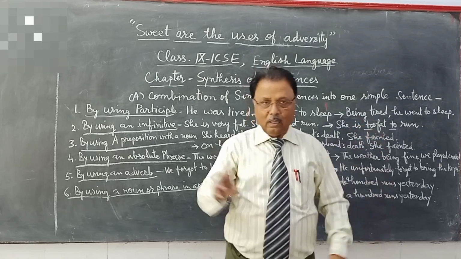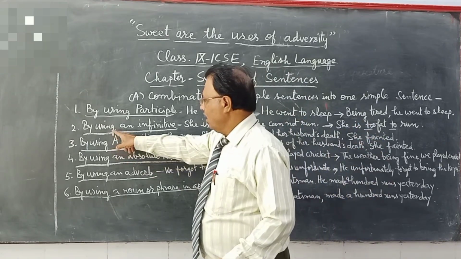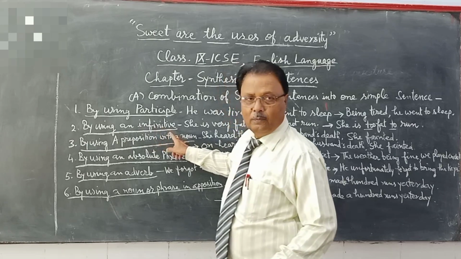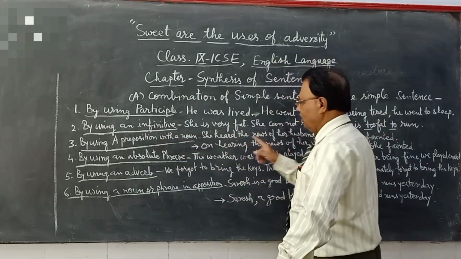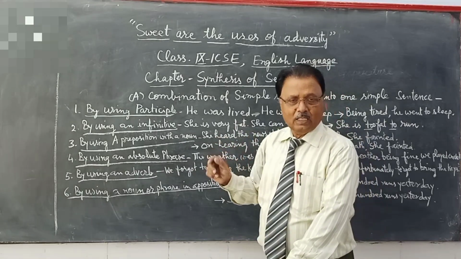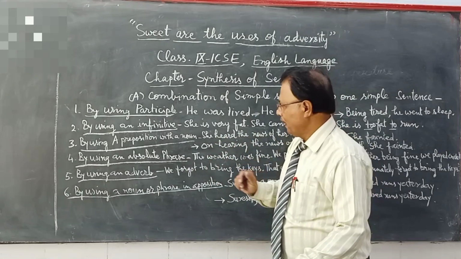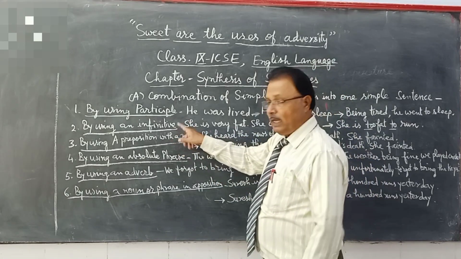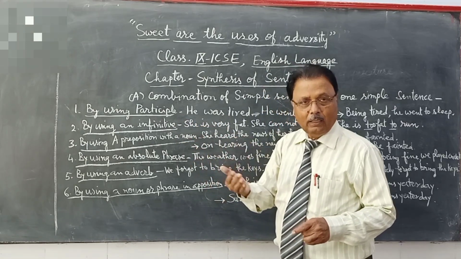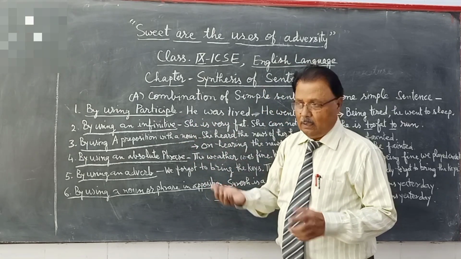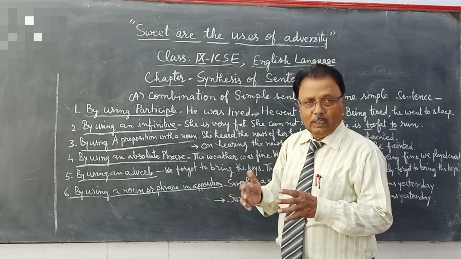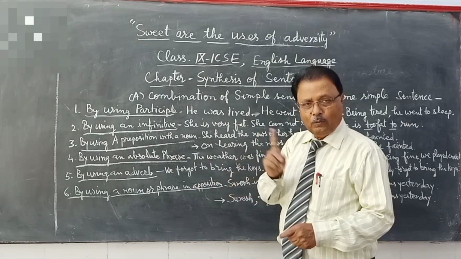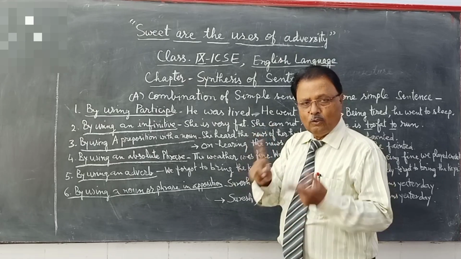Now, come to the next point: by using an infinitive. Infinitive means to plus first form of the verb. By using infinitive in one of the sentences and the second sentence remaining the same, we can change both sentences into one sentence.